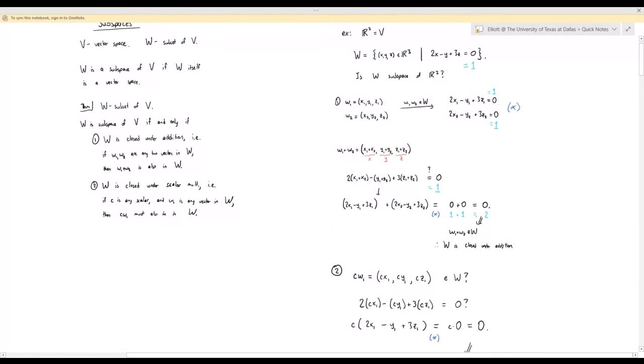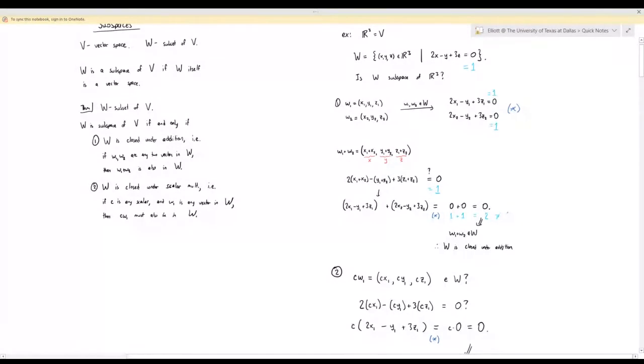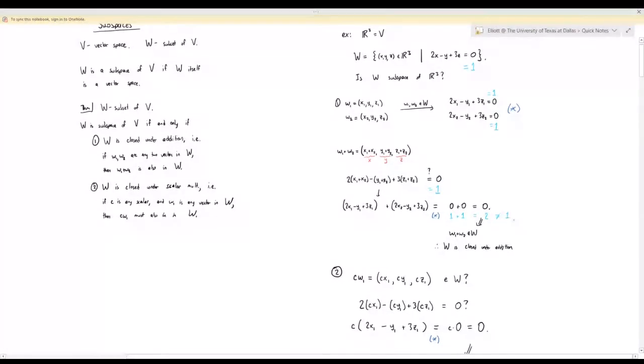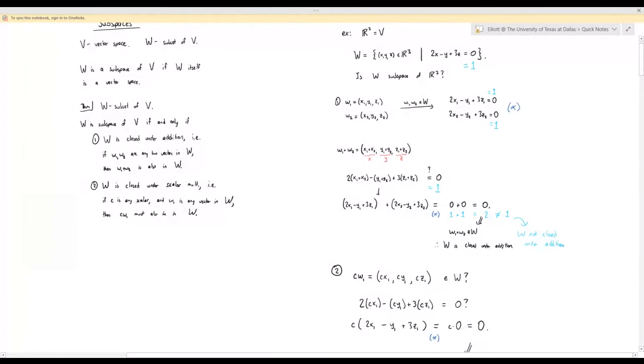And so because it's not equal to 1, that would prove in this case that W was not closed under addition. And then if it's not closed under addition, you can already say that it's not going to be a subspace then.